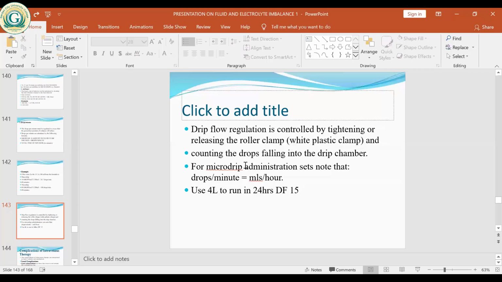The first one is the ml per hour, and then the second one is the drops per minute. That's all. I just want you to use the 2 formulas: ml per hour, and then drops per minute. Yes, that's all. Okay. Thank you, sir.